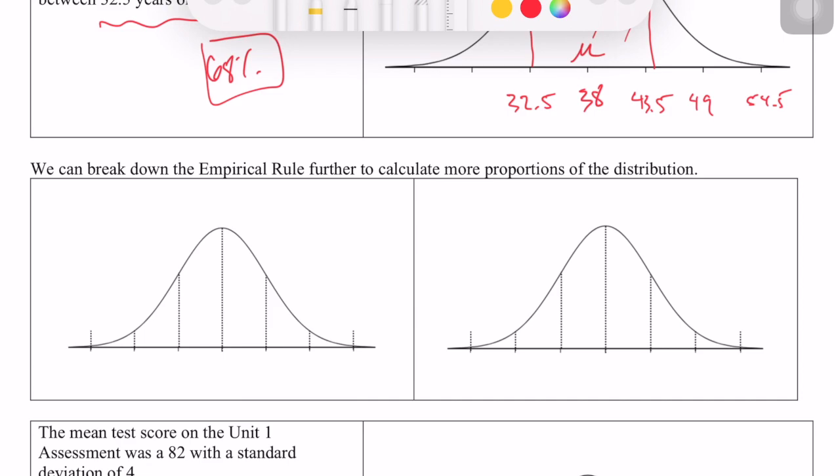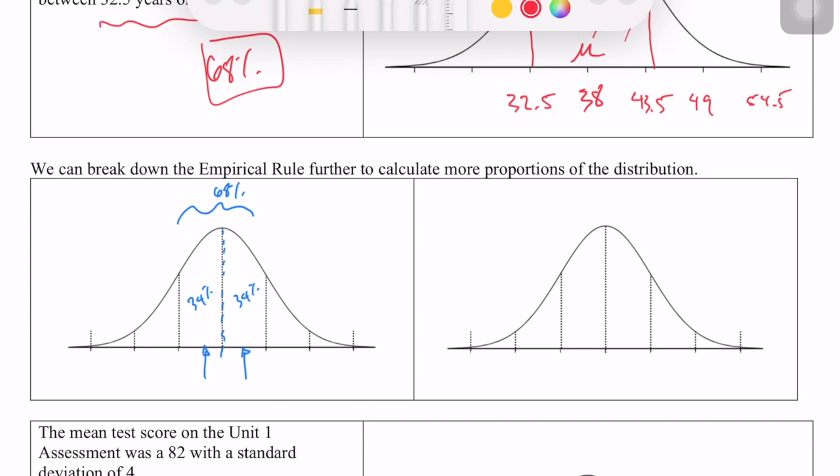I find it helpful to memorize, or at least understand and be able to construct, what these slices are as far as their percentage of the whole distribution. So what percent lies here if this much here is 68%? Well, since it's symmetrical about the center, that's half: 34% and 34%.